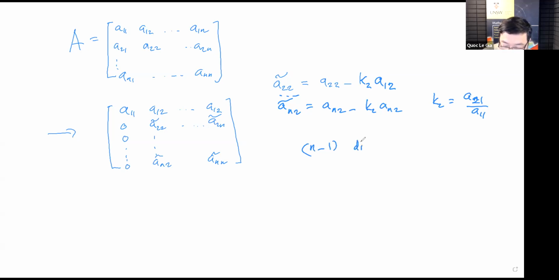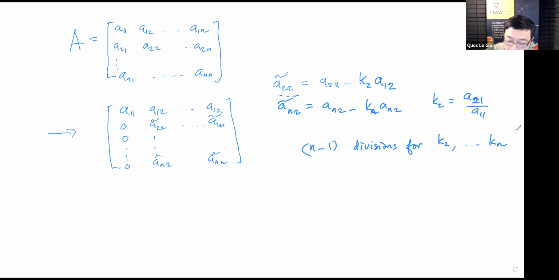You need n minus 1 divisions to compute K2, because actually every coefficient, K2, K3 up to Kn. So you need n minus 1 divisions to compute the elimination factors.